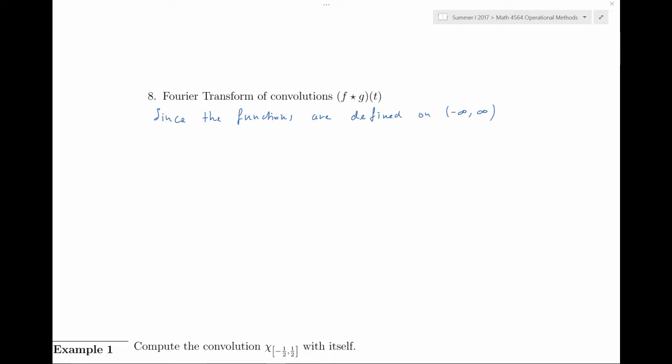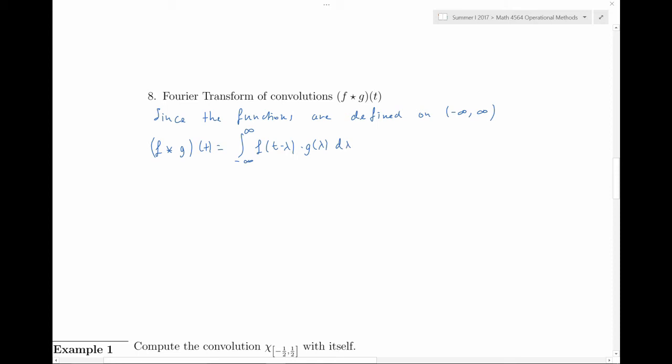This time this doesn't have to happen, so the convolution takes into account all of the values of f for all of the real values from minus infinity to infinity. So f star g of t is this time defined as an integral from minus infinity to positive infinity of f of t minus lambda times g of lambda d lambda.